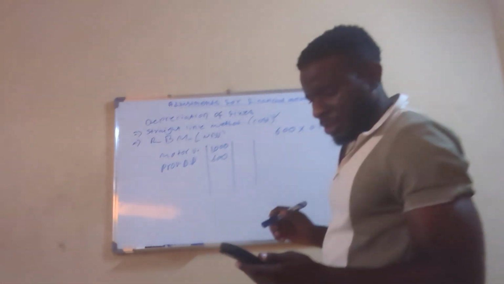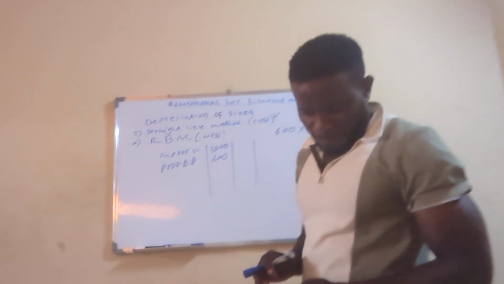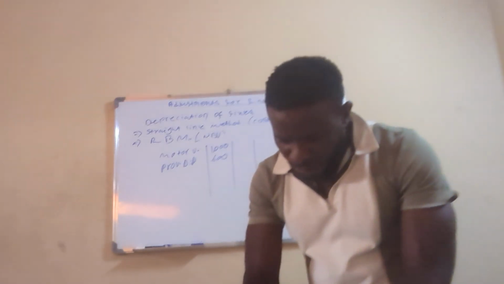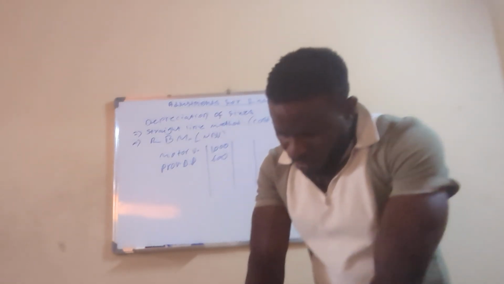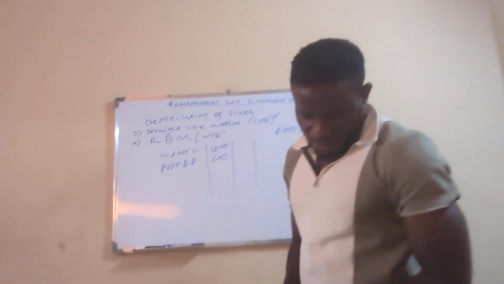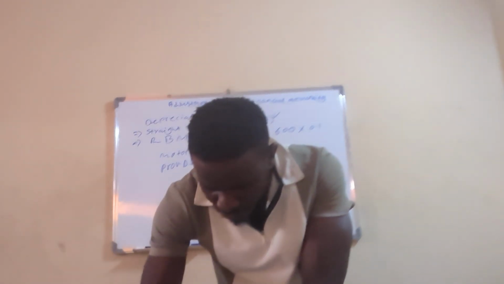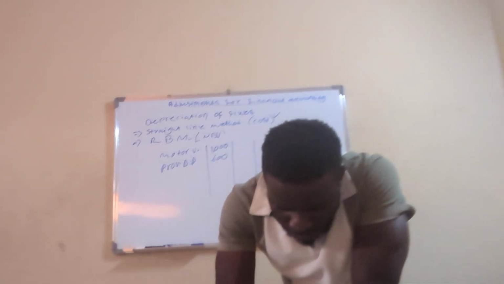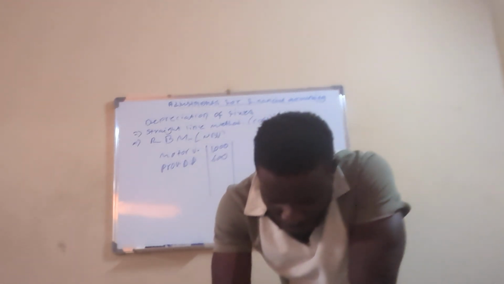We have 60, is it? No, we are going to reduce this amount. So this is the expense that we have incurred. So now, what we are going to do is this.